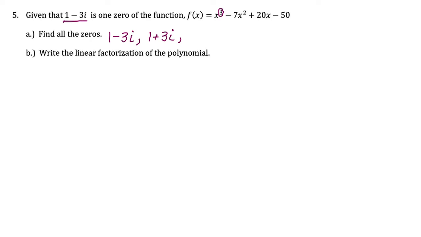And then we've got to find the last one. So we go back to synthetic division, and we've got 1, negative 7, 20, and negative 50. And then we've got to go through and find all of our factors of 50.